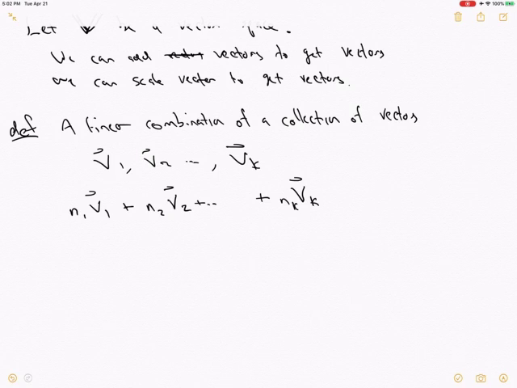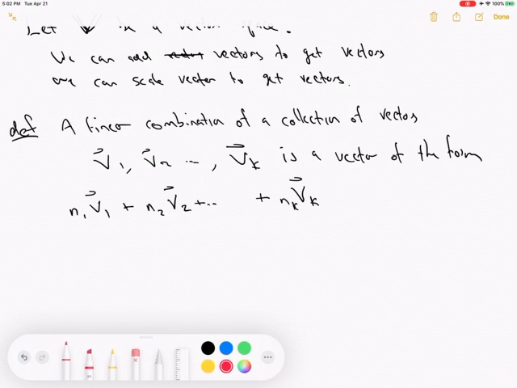That's what's called a linear combination. So a linear combination of a collection of vectors is a vector of the form I just wrote down here.